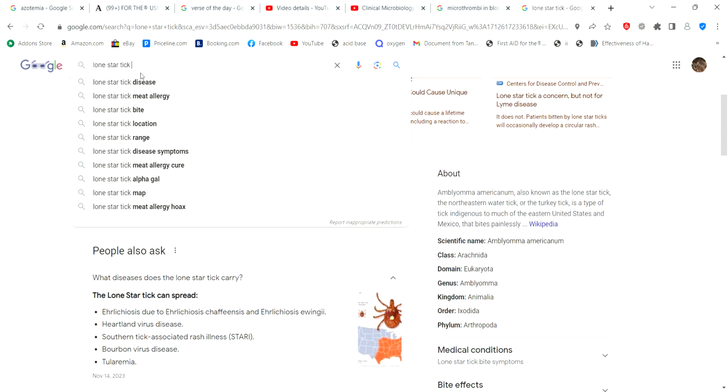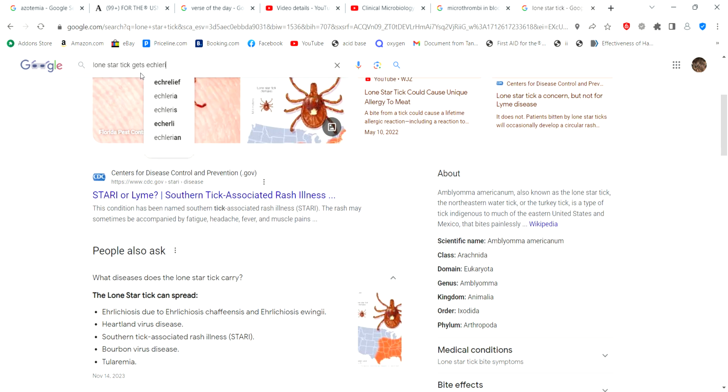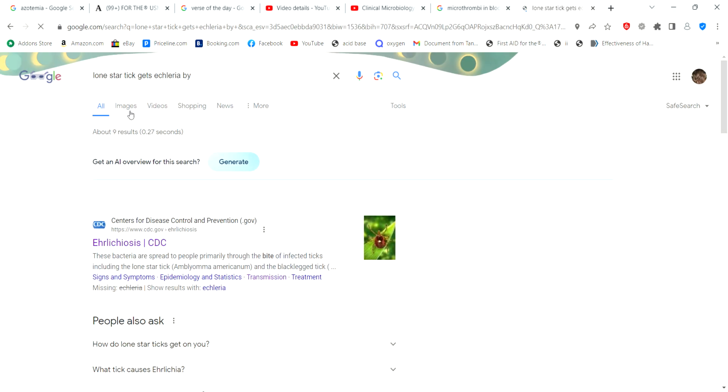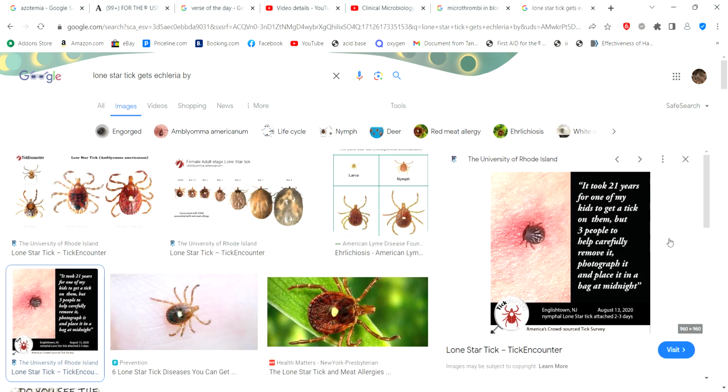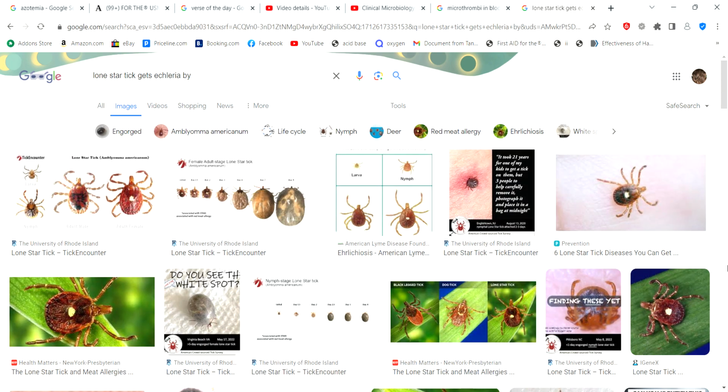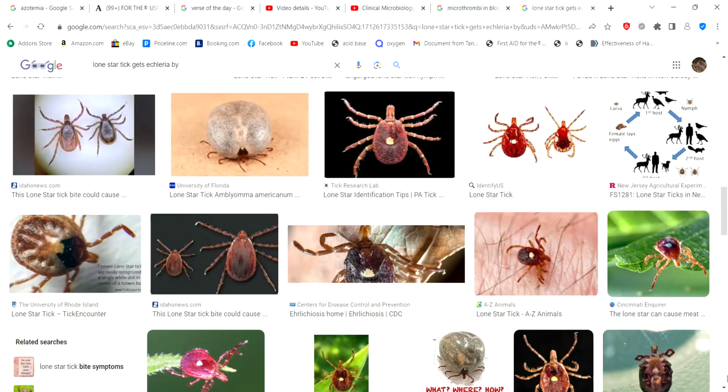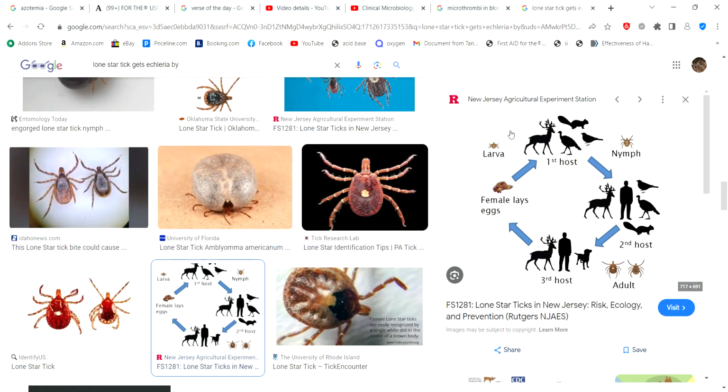Okay, I think it bites animals like a dog. Let's see. Monster tick. Where is it? Female lays eggs. It goes to larva. Okay, it lives on, like, deer.